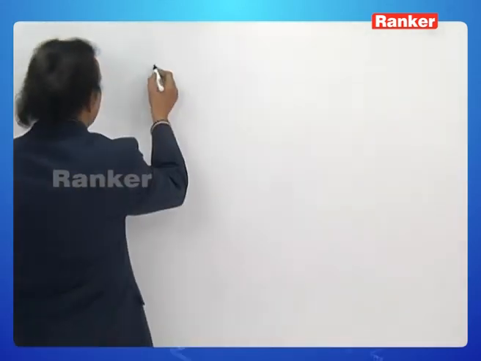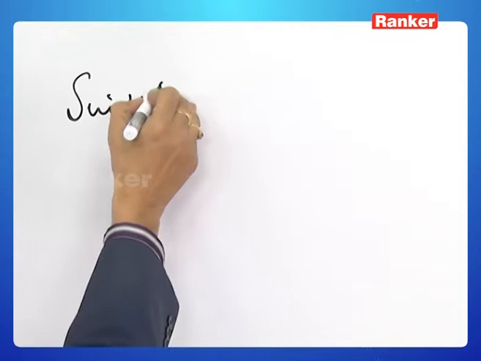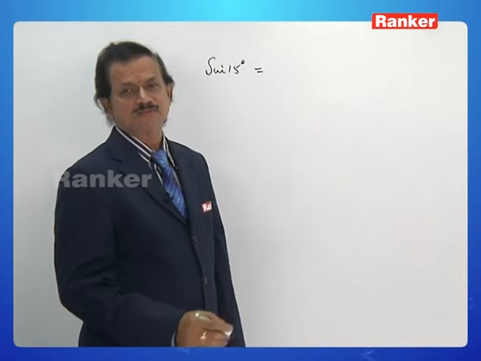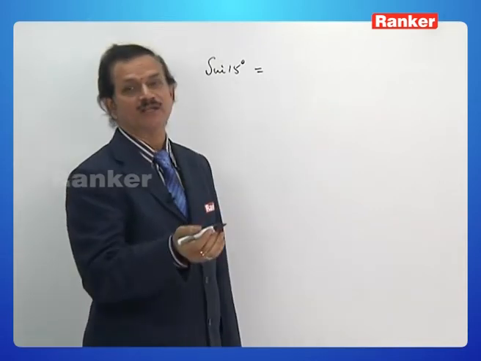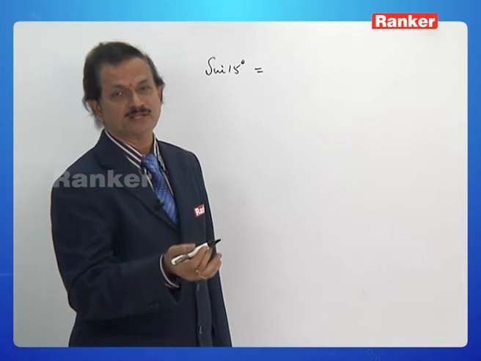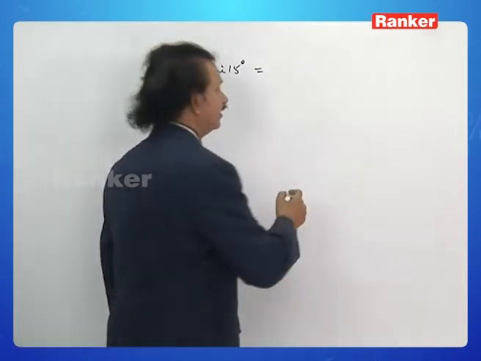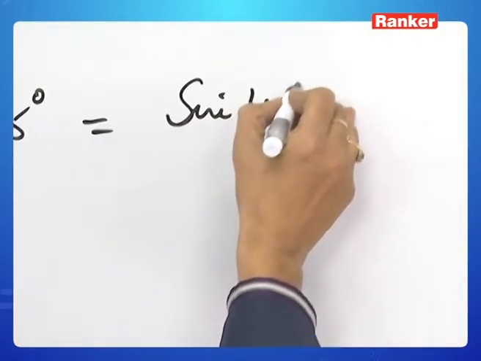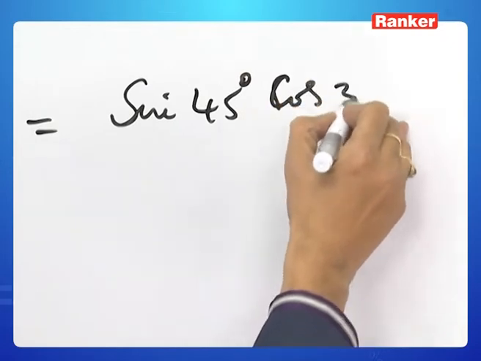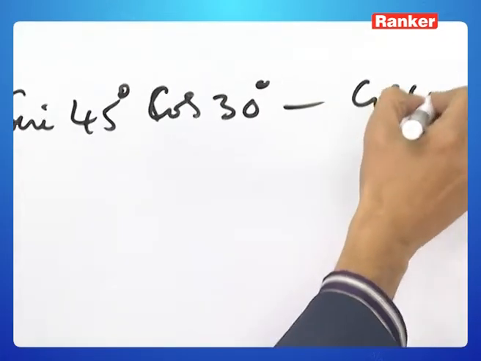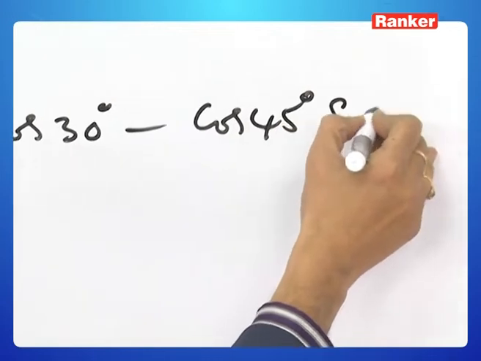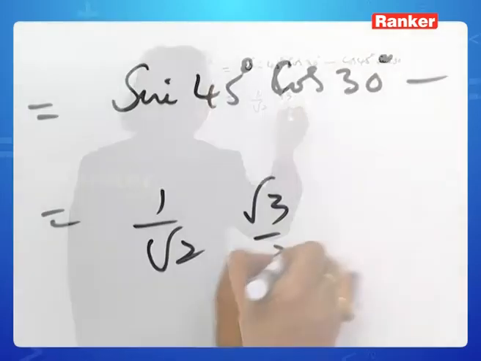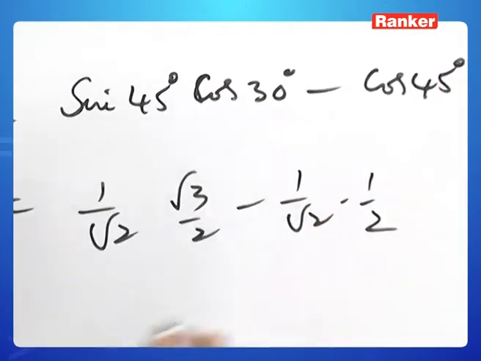We are to have the value of sine 15, cos 15, like that. What is sine 15? You can write it as 45 minus 30. Sine 45 cos 30 minus cos 45 sine 30. 1 by root 2 into root 3 by 2, minus 1 by root 2 into 1 by 2.